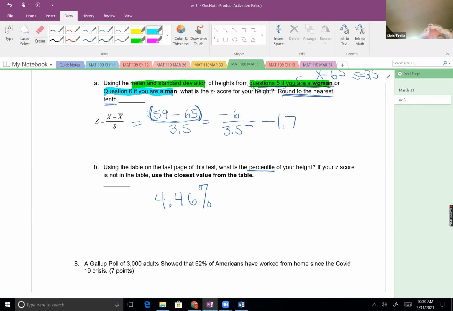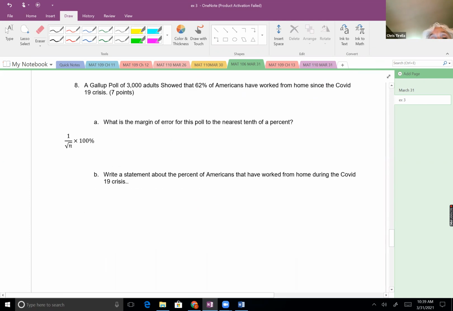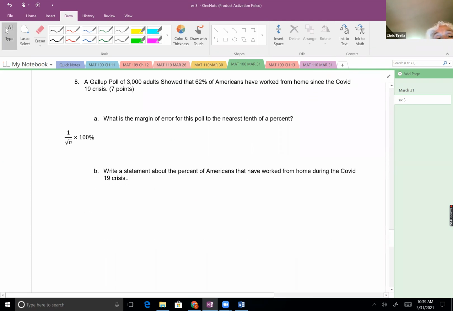Then the next question deals with what we did last class. Last class, we talked about the margin of error. And remember, for the margin of error, what we needed was the sample size. N is the sample size, which is here 3,000.